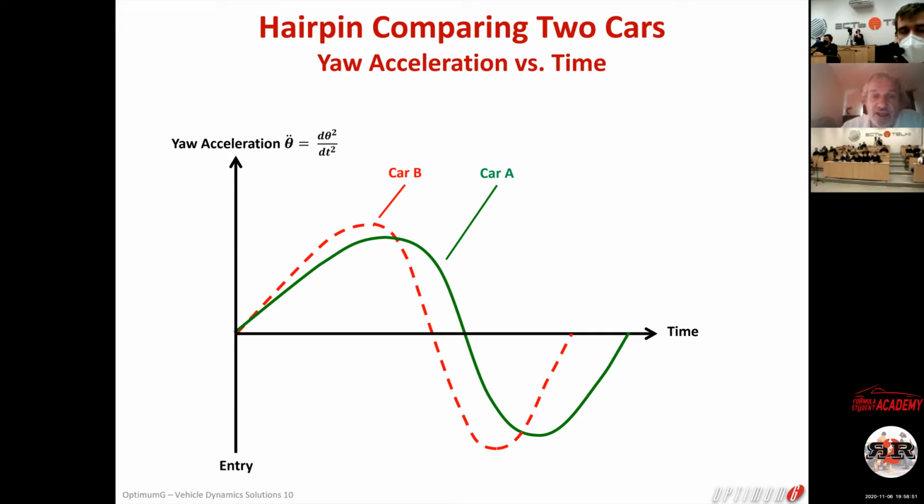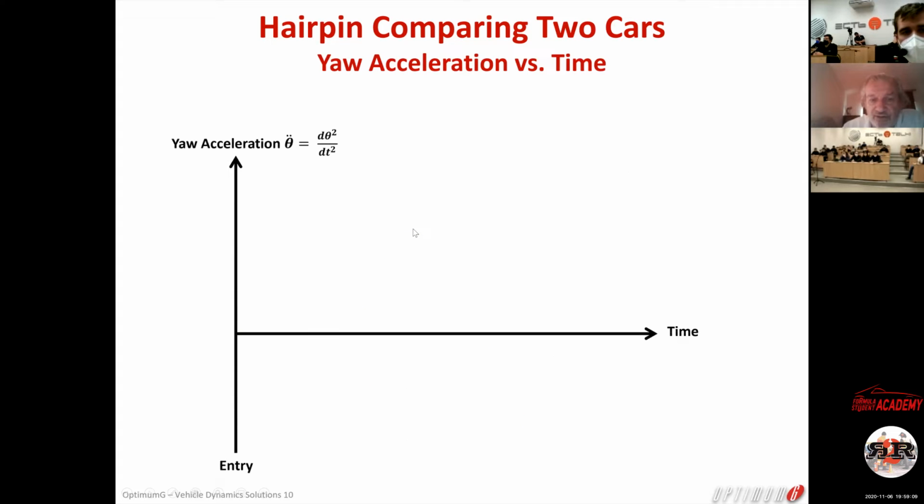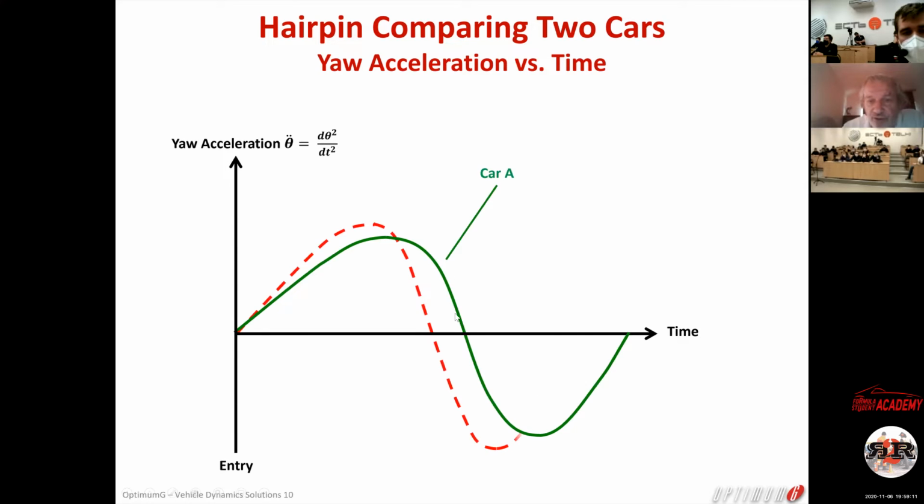So you're going to have more degrees per second squared earlier. It's nothing else than the derivative, the slope of this baby here. You agree? So here, you agree that the yaw velocity is constant. When the yaw velocity is constant, that's when the yaw acceleration is 0.